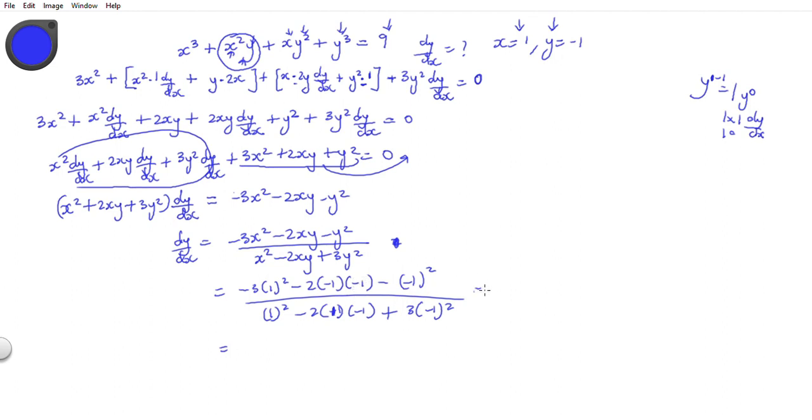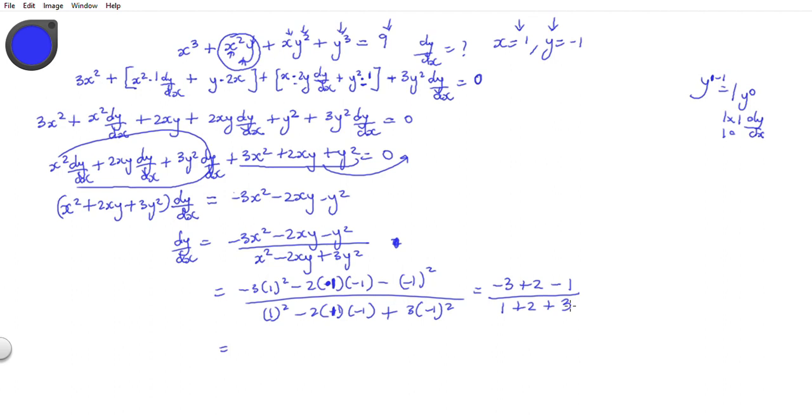We have minus 3. This is not minus, this is 1. You have minus 3, then plus 2, then minus 1, all over 1, then plus 2, then plus 3.